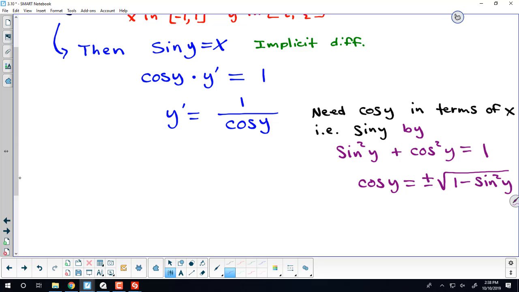What is sine squared of y? Yeah, that's 1 minus cosine, that's true. But remember, we need cosine in terms of x, which means we need it in terms of sine y, because sine y was equal to x. So what's sine squared? X squared, yeah. Sine y squared is x squared. Plus or minus the square root of 1 minus x squared.